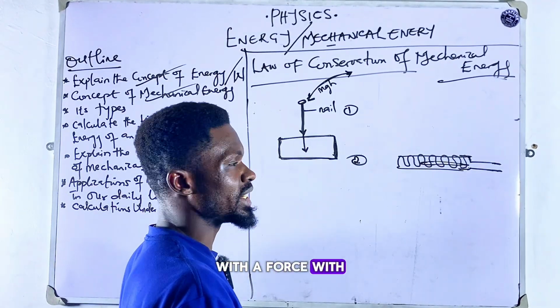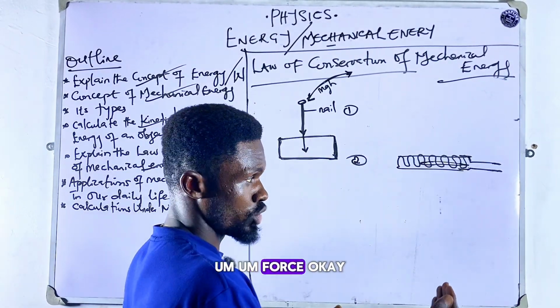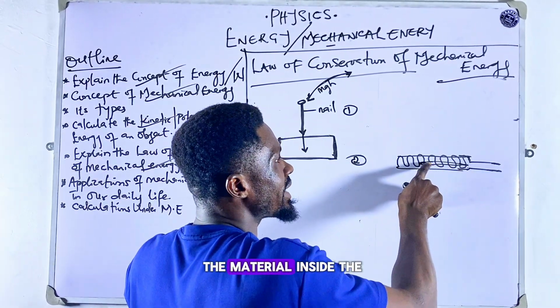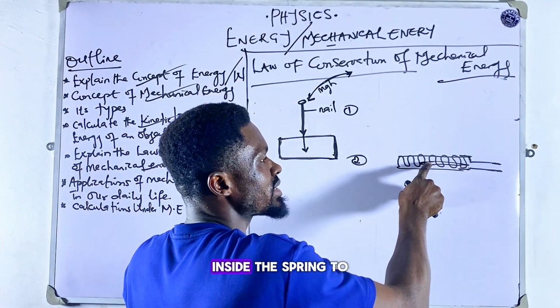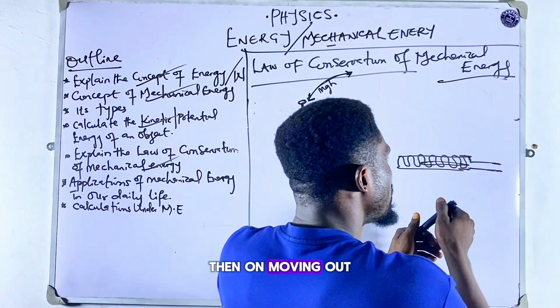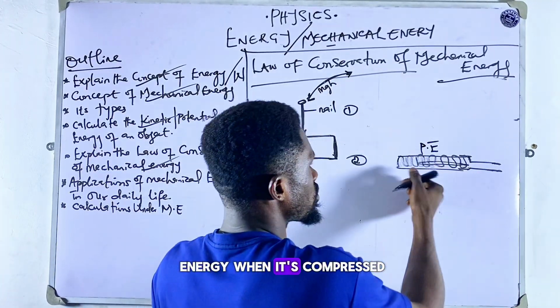On releasing it, okay, it will be stretched with a force, with kinetic energy. That energy will cause the material inside the gun to come out. Here we have potential energy when it's compressed.